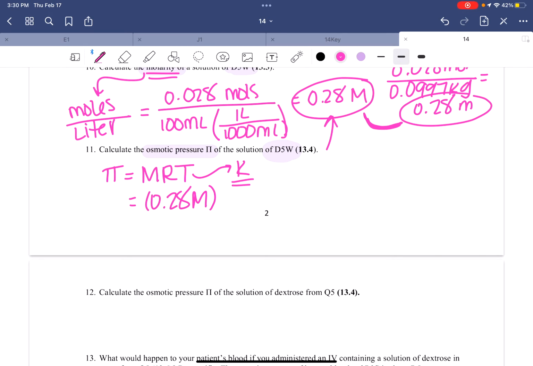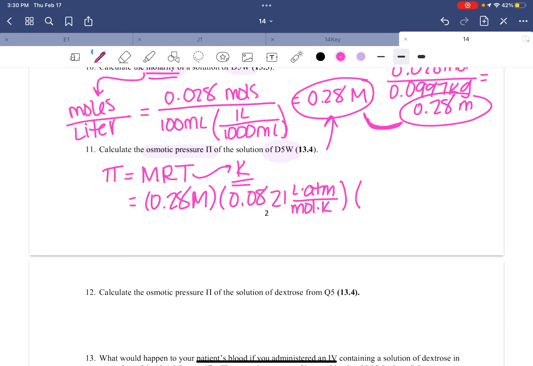And then we're going to multiply it by the ideal gas constant, which is 0.0821. And then it has kind of funky units. It's liters, atmospheres, over moles, kelvins.